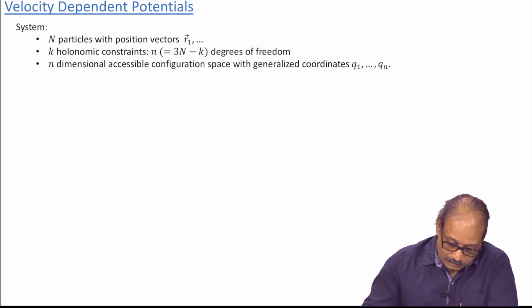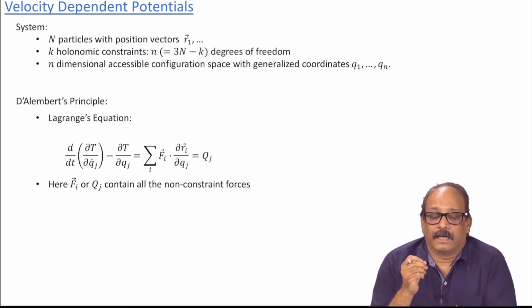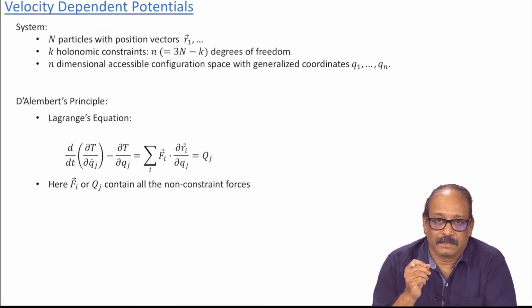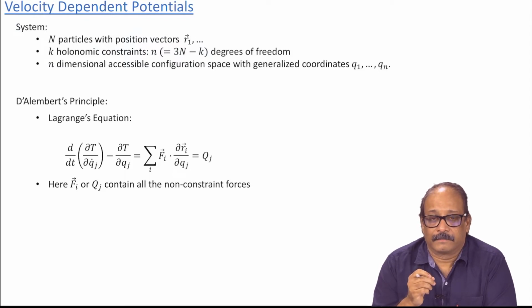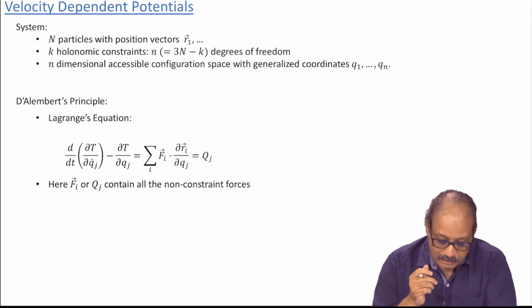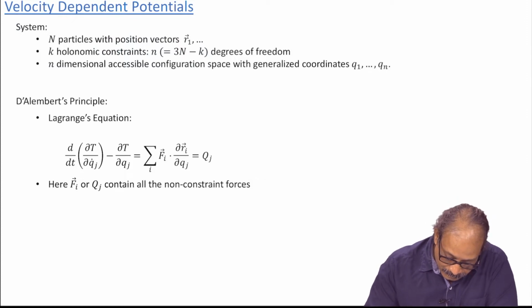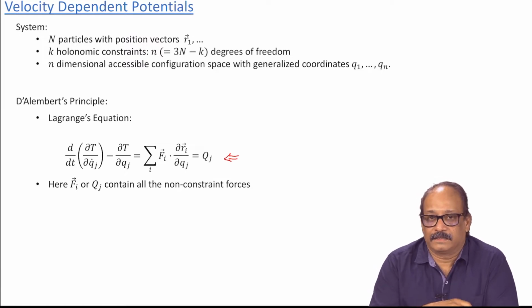Okay. Now, in the derivation of Lagrange's equations, we started with D'Alembert's principle, and from there we added the generalized coordinates. Once we add generalized coordinates, we come to this equation. In this equation, on the left hand side you have a differential of the T operator, or kinetic energy operator, and on the right hand side you have all the forces.